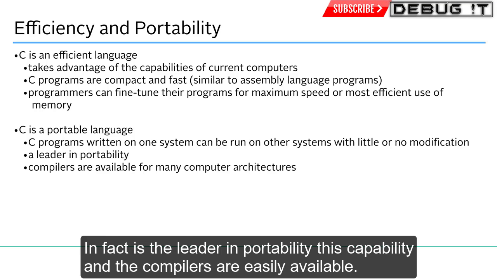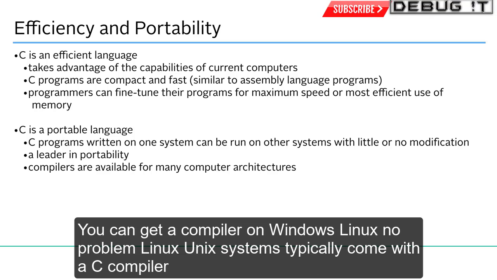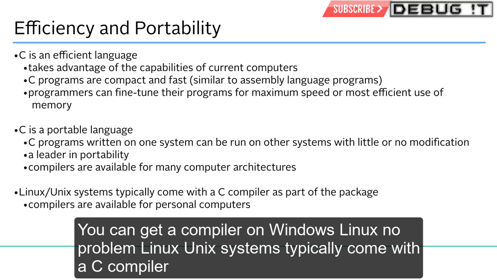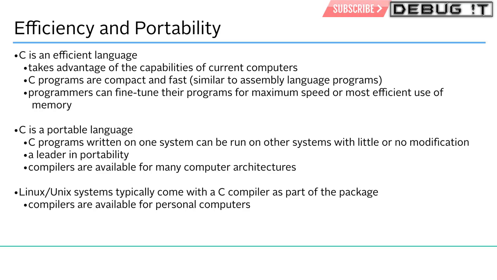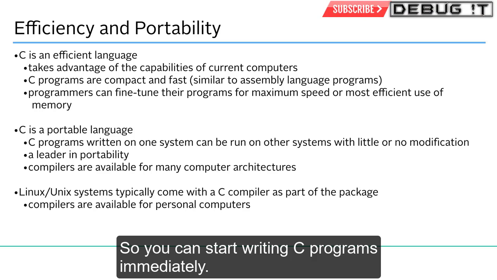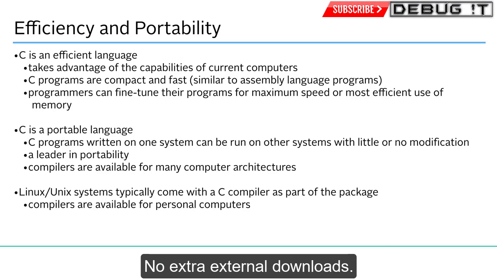In fact, C is the leader in portability, and the compilers are easily available. You can get a compiler on Windows and Linux, no problem. Linux and Unix systems typically come with a C compiler, so you don't even have to download it. Same with the Macintosh. So you can start writing C programs immediately, no external downloads.